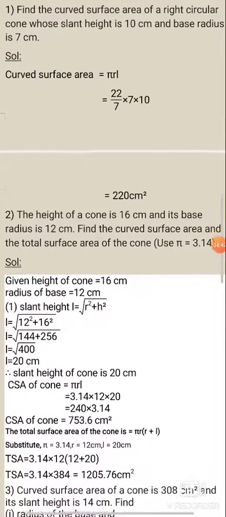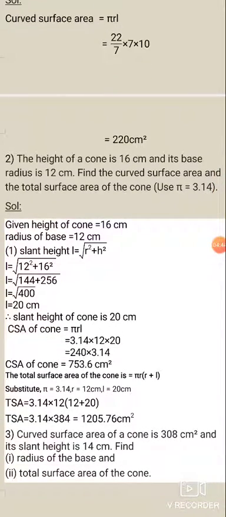Now the next one is total surface area of the cone. So total surface area, what is the equation? Pi r into r plus L. Substitute the value of pi is equal to 3.14, r is equal to 12 and L is equal to 20. So 3.14 into 12. Inside the bracket, r plus L, that is 12 plus 20.